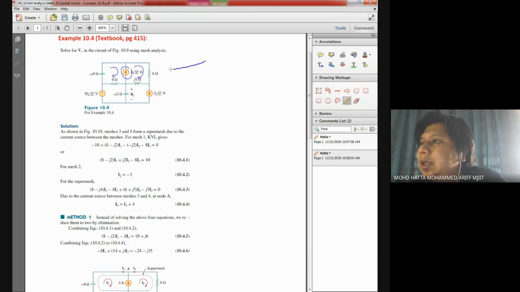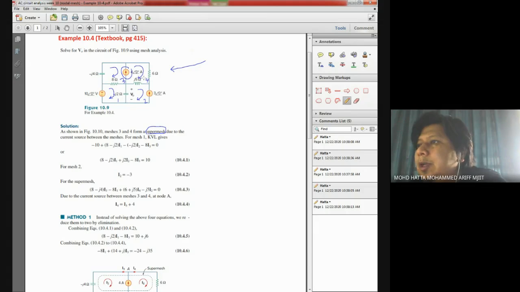Means that in this example, we need to apply super mesh. Here it also says that meshes 3 and 4 form a super mesh due to the current source between the meshes. Mesh number 1, mesh number 2, maybe this is mesh number 3, mesh number 4. Have a look at that.